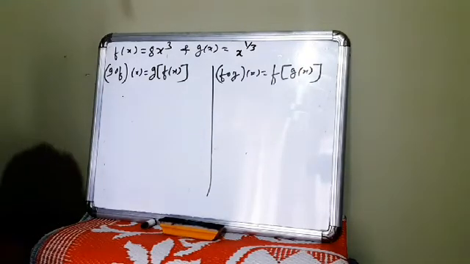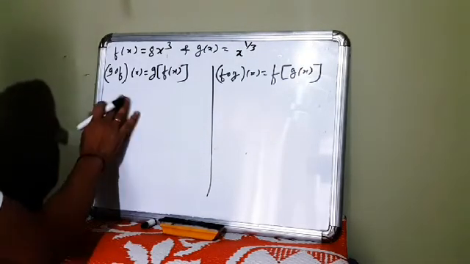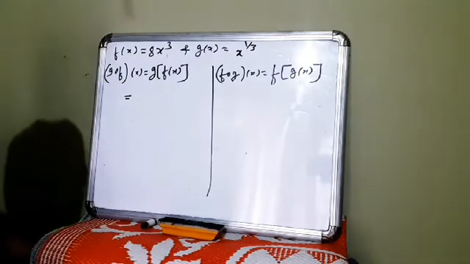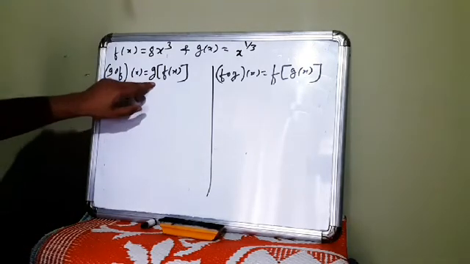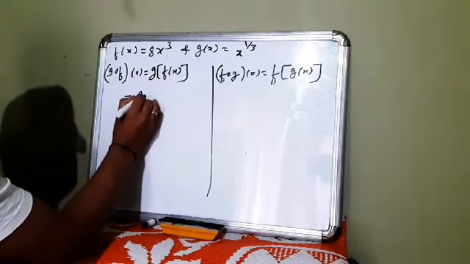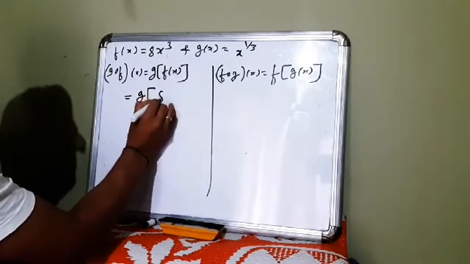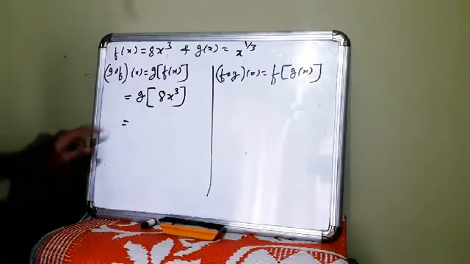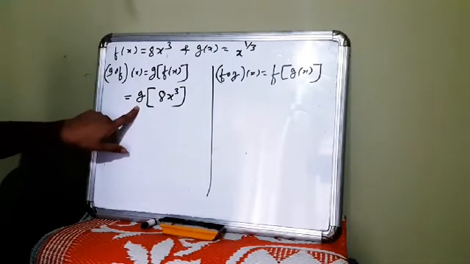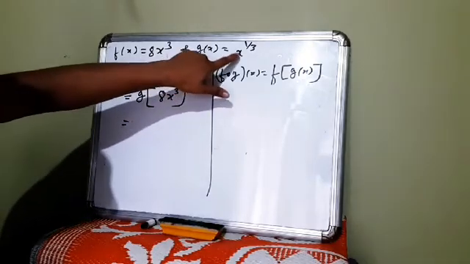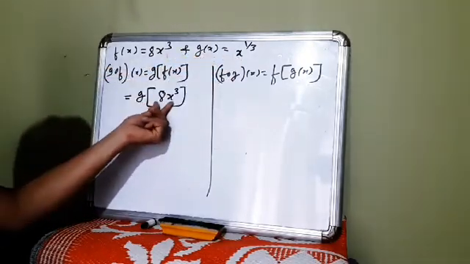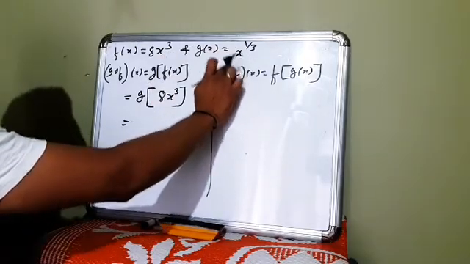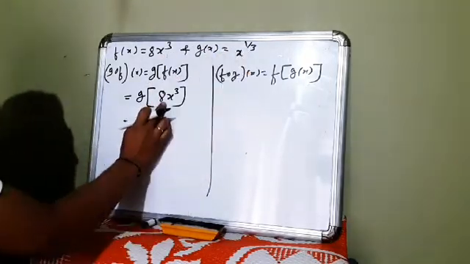Now, g composition f of x is what? g of f of x, g as it is. What is f of x? 8x cube, right? Now outside which function is there? The g function. So in the g of x function, wherever x is present, in the place of x we have to put this value.